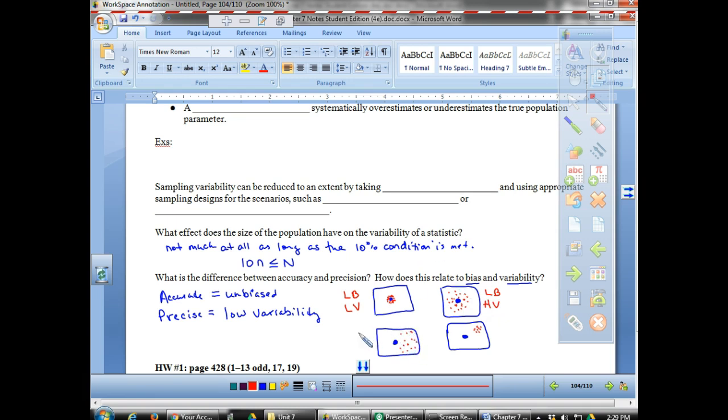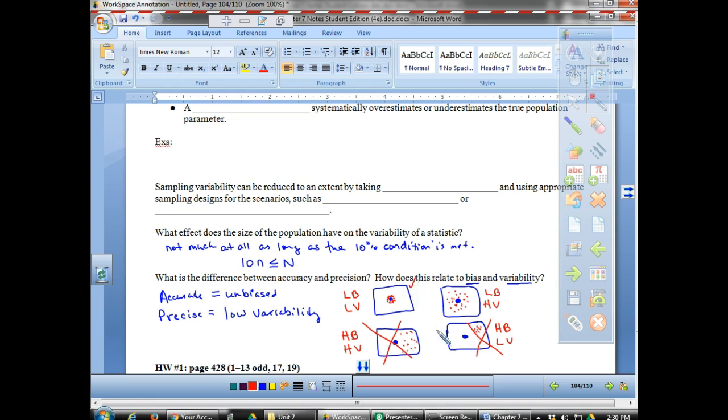Okay? This one down here is high bias and high variability. This is not a good one. You don't want this at all. And this one is going to be high bias, but low variability. Obviously, you don't want this one either because you're estimating and coming up with a consistent prediction, but it's just wrong every single time.